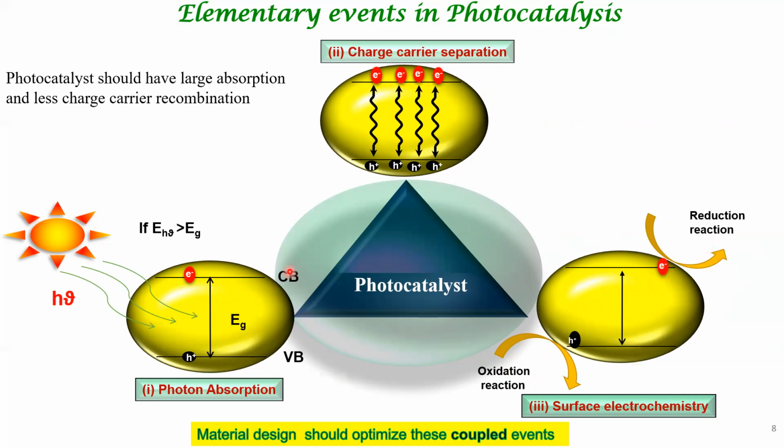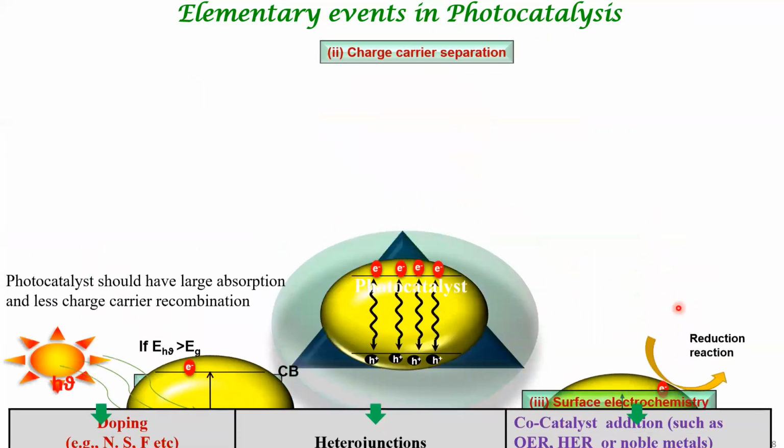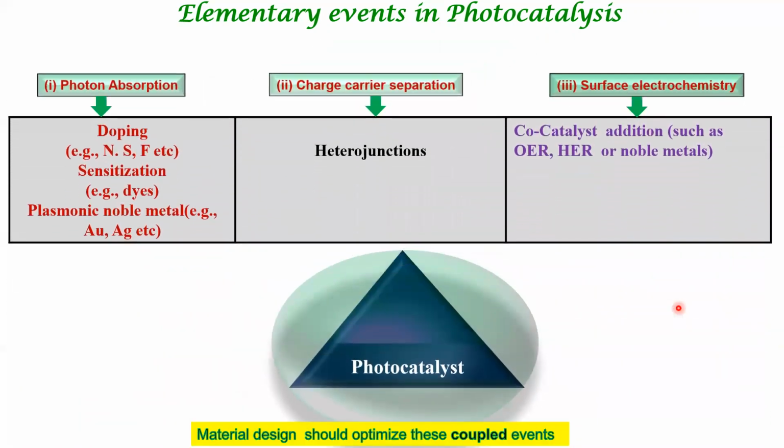So these three events are important in the efficiency of photocatalysis: photon absorption, exciton generation and separation, and surface electrochemistry. This is a holy grail problem in chemical science and engineering. A lot of ideas have been undertaken to improve the efficiency of these materials.